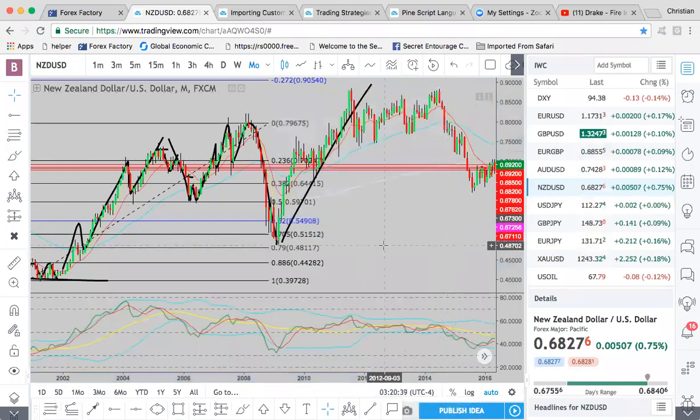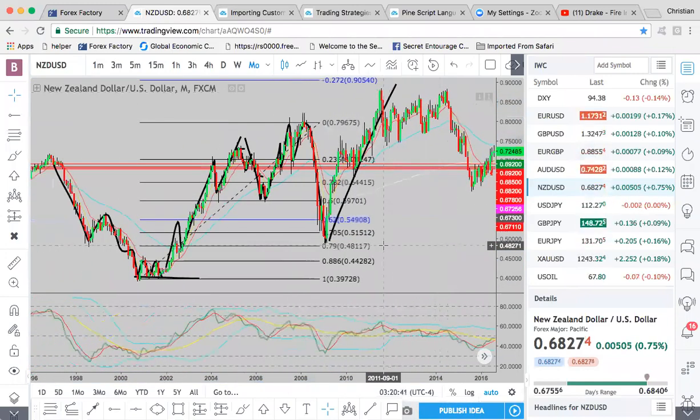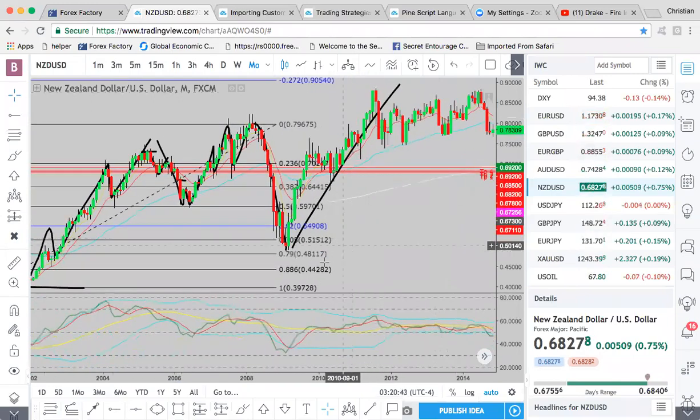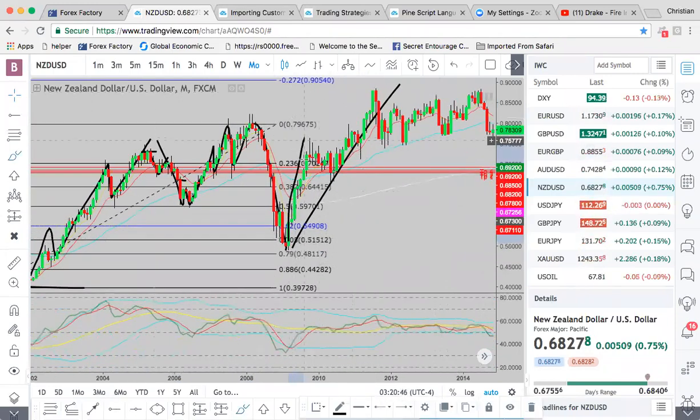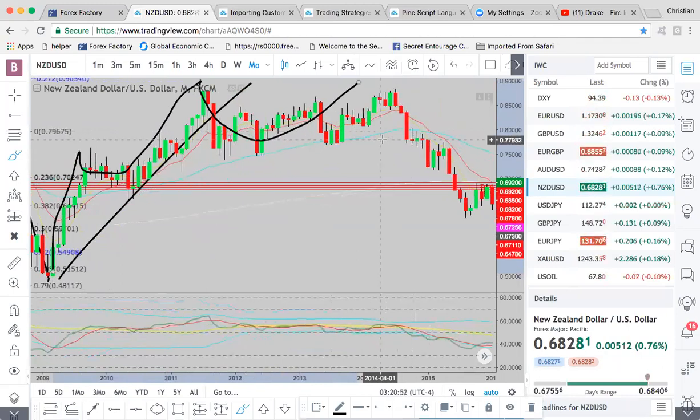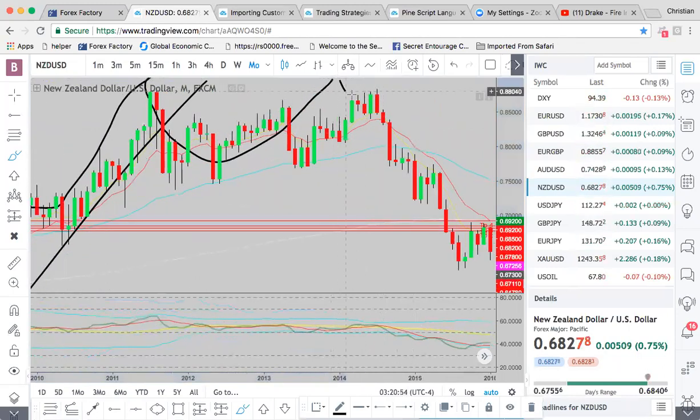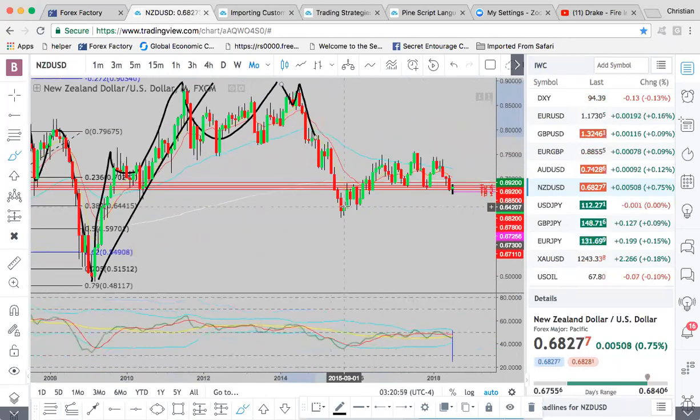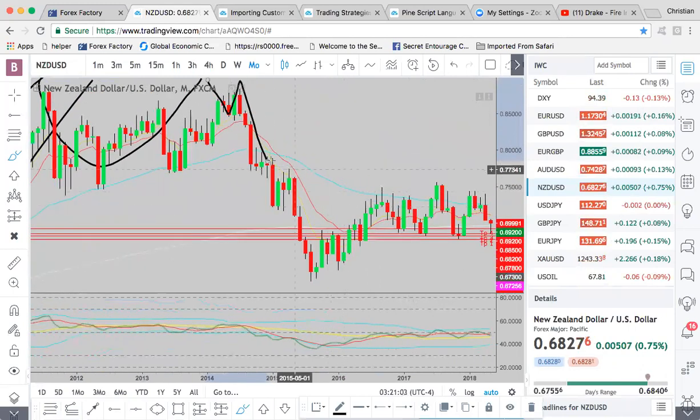$3,700 pips from there. What you got? Again, 1, consolidate. 2, break that high. 3, what I got right there? 1, 2, 3.